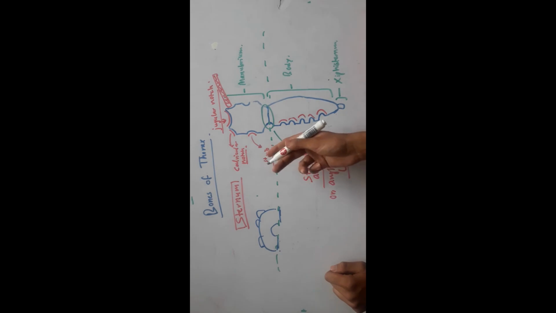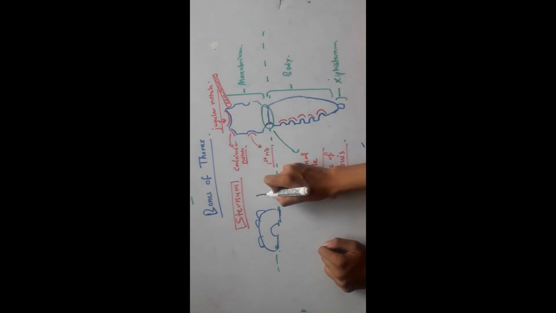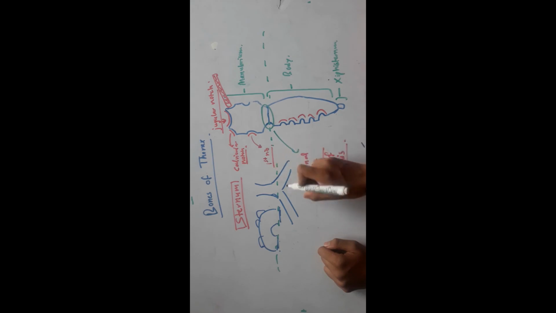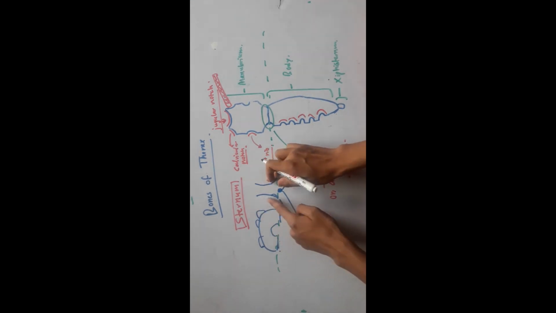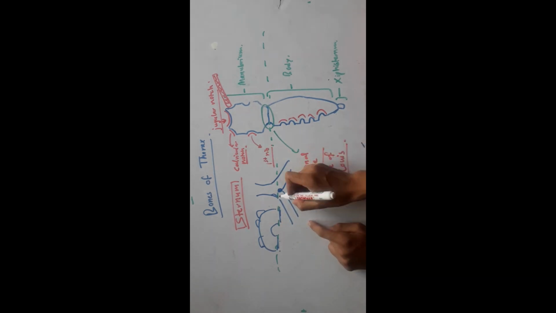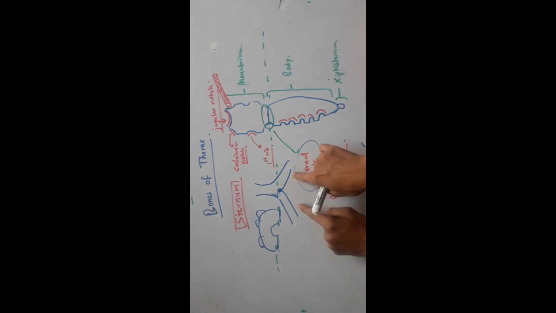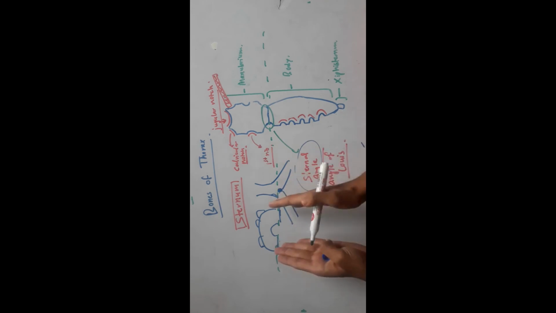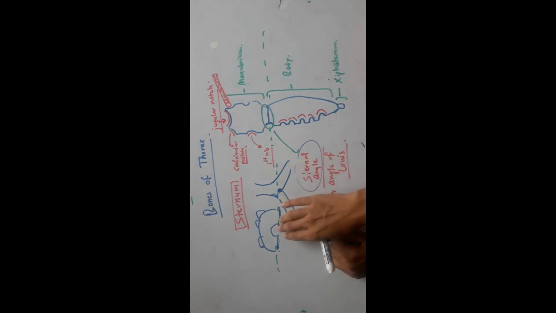Another clinically important thing is that there is the trachea, and the trachea has to bifurcate, or divide, into the bronchi. The point at which the trachea divides into two bronchi is the sternal angle. So there are lots of clinically and anatomically important things that happen at the level of this angle.